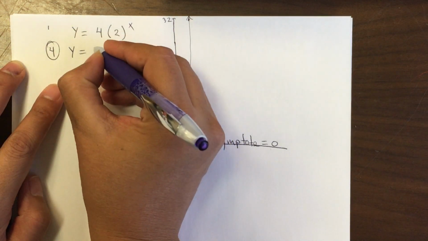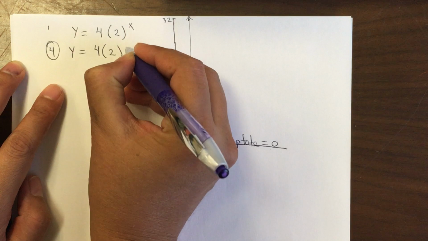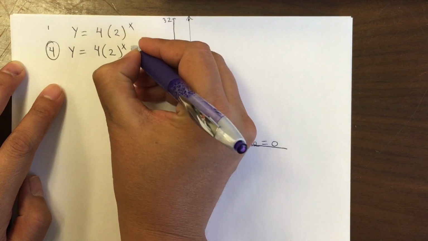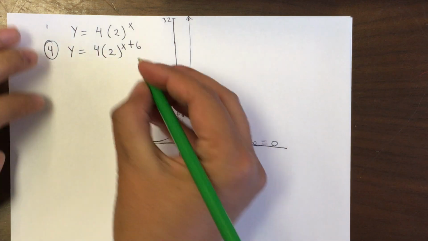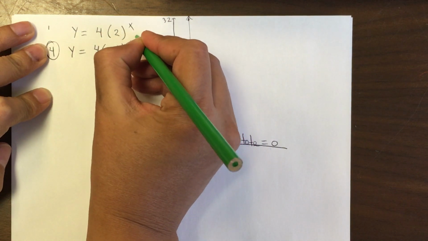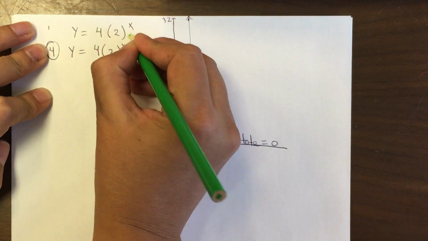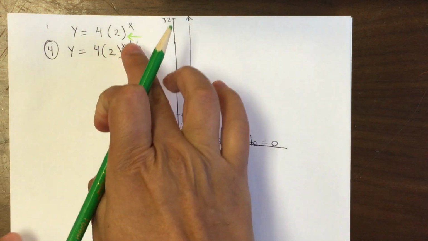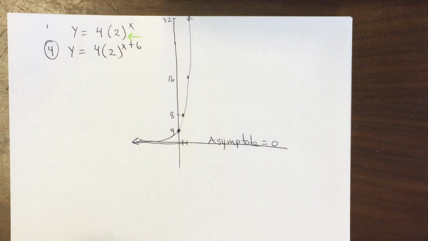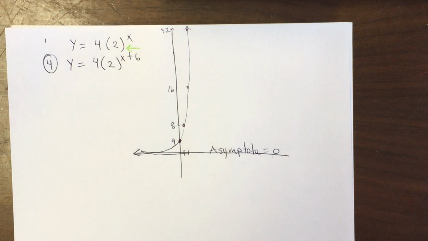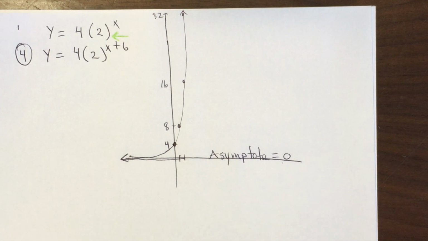Okay, so now what if my transformation is y equals 4 times 2 to the x plus 6? When we're talking about exponents, when we're adding, it's going to move to the left, and if we're subtracting, it's going to go to the right. So in this case it will move to the left because you're adding 6 to the exponent.